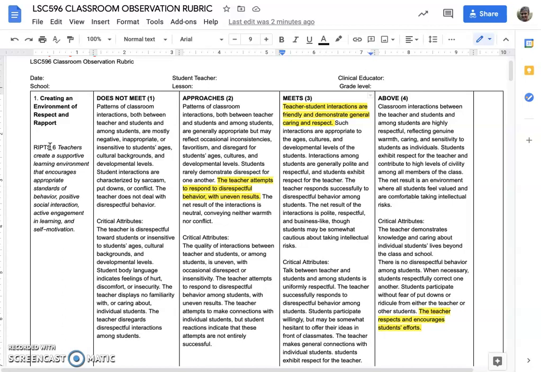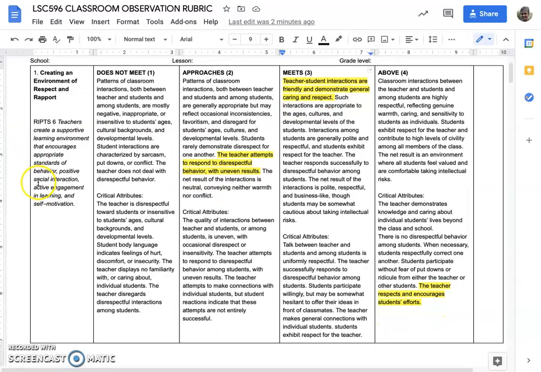For those of you who aren't going to be teaching in Rhode Island, as I mentioned, it's based on Charlotte Danielson's work, and Charlotte Danielson's model for a rubric is used by many states and districts, and you'll be familiar with the same kind of standards and expectations no matter where you are.